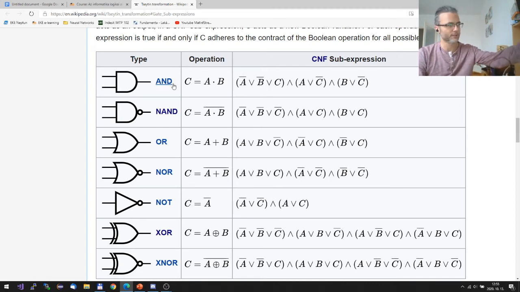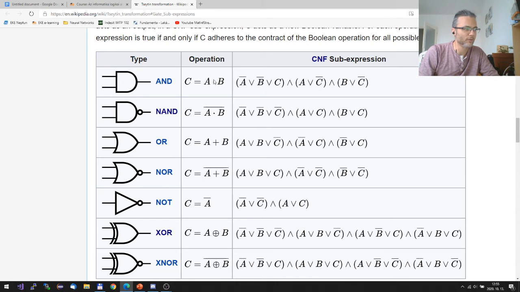Just look at the first one. So here the table uses different notations. It says if you have a variable C, which is equivalent to A multiplied by B, actually multiplication denotes conjunction, logical and.